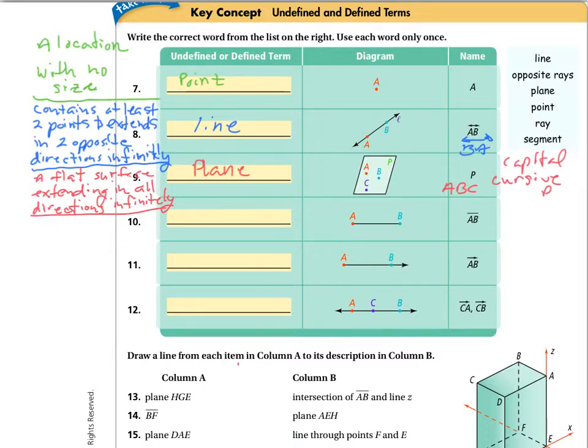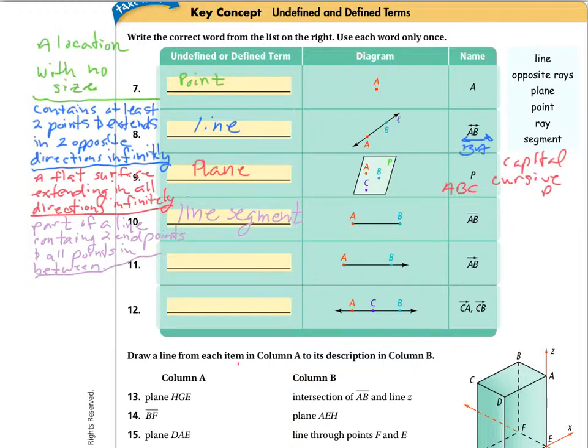So this is a line segment. And a line segment is part of a line containing 2 endpoints and all points in between.